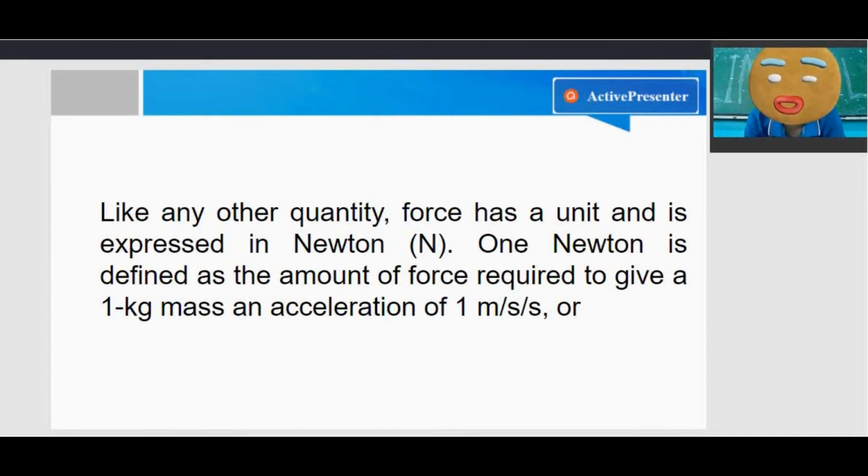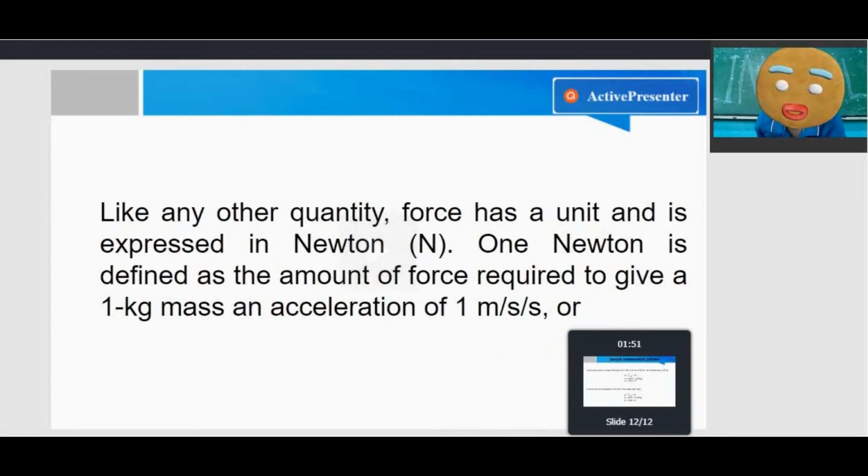Okay? The magnitude of 4 na force, we say 4 Newton. Okay? Because we are speaking about force. So 1 Newton is defined as the amount of force required to give a 1 kilogram mass an acceleration of 1 meter per second squared.